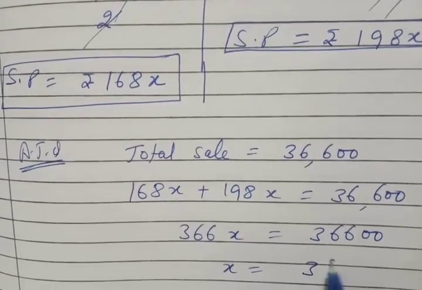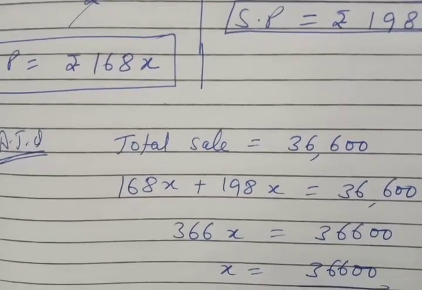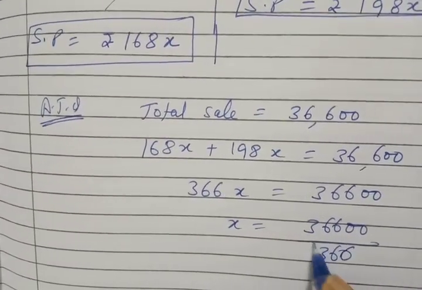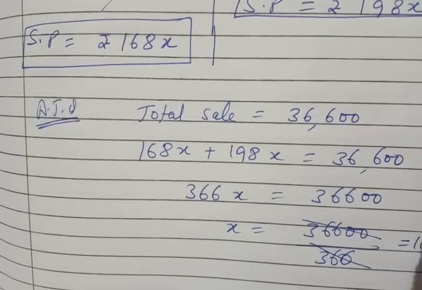X is equal to, after cancellation we will get 100.